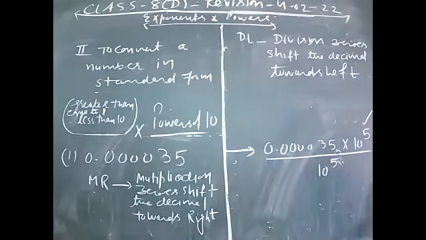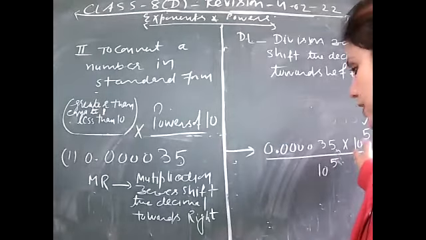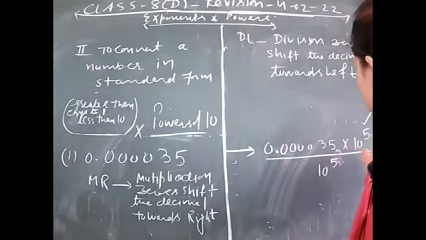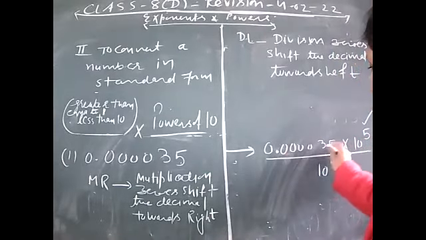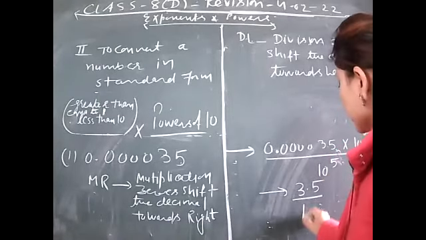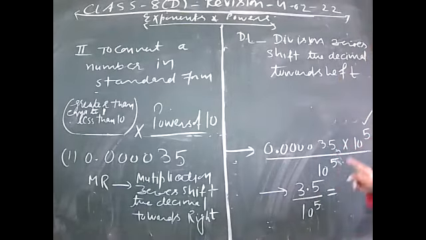So if you see this decimal, after using multiplication, zeros help us to move the decimal towards the right side. So when we use multiplication zeros, this decimal will come here. That means 3.5 divided by 10 raised to power 5.